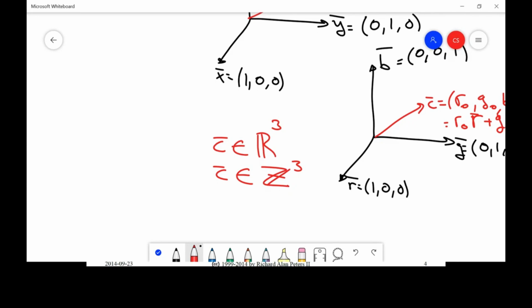Now let's say that my colors can only be represented with unsigned 8-bit numbers. So unsigned 8-bit integer numbers. So I would say it belongs to {0, 1, ..., 255}^3.